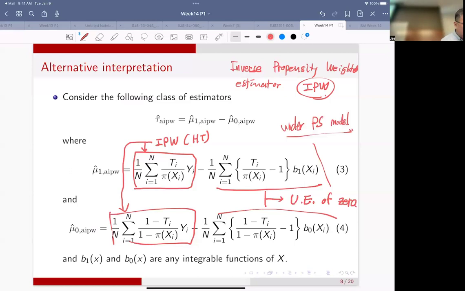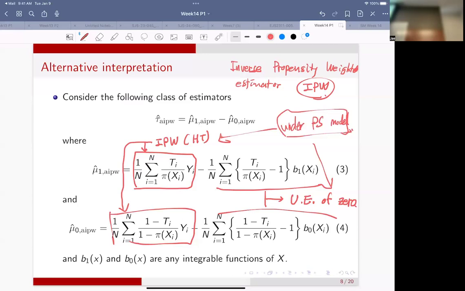The Horvitz-Thompson estimator, the IPW estimator, also starts with a PS model, right? So everything starts with the propensity score model. So we basically have an unbiased estimator of tau under the propensity score model.